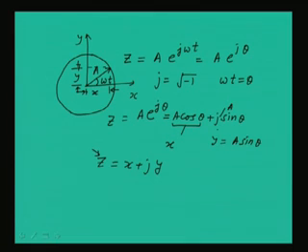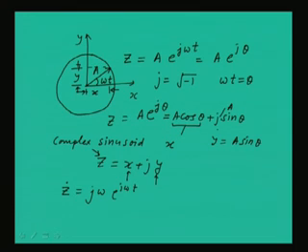This we call a complex sinusoidal, and this is the real component and this is the imaginary part. The advantage is that we can take the time derivative of this.